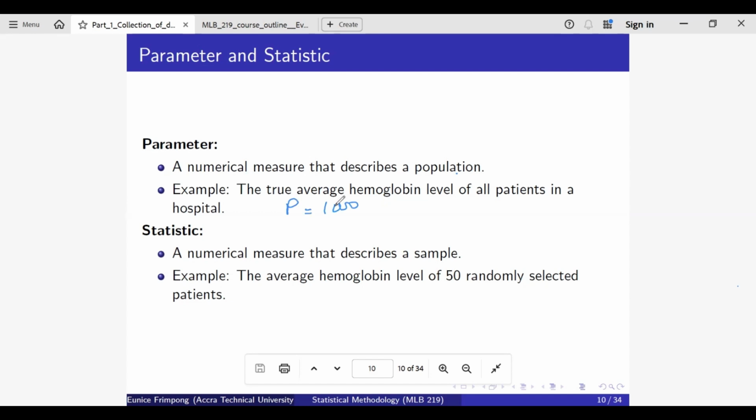If I select only 50 randomly and I find the average hemoglobin level, that average for these 50 people is called a statistic. Don't confuse this with the course title being statistics. It is just a measure that is describing a sample. In this example, the measure is the average.